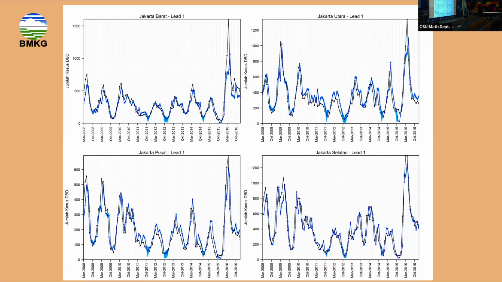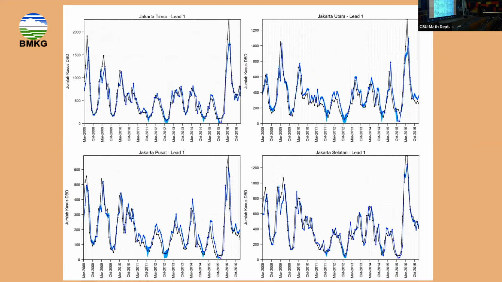This is the 5 parts of Jakarta: West Jakarta, East Jakarta, South, North, and Central Jakarta. We have 5 different areas. This is lead 1. Of course, the blue one is the model and the black one is the data. Everything looks fine in lead 1.